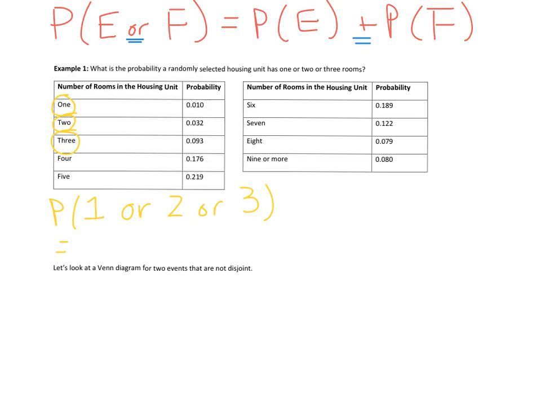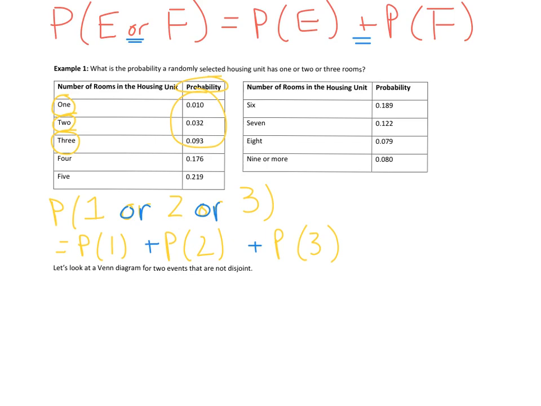So according to our addition rule, "or" means plus. So we're going to look at the probability of 1 room plus the probability of 2 rooms plus the probability of 3 rooms. All right, and then we're given all those probabilities. So essentially we have to add up those numbers. I'll write it in a different color.